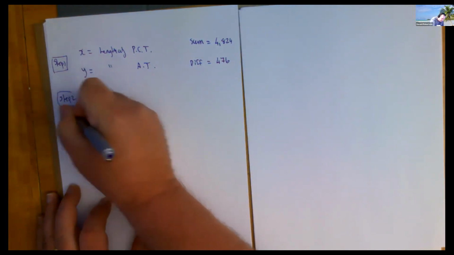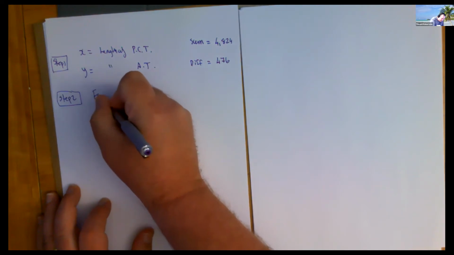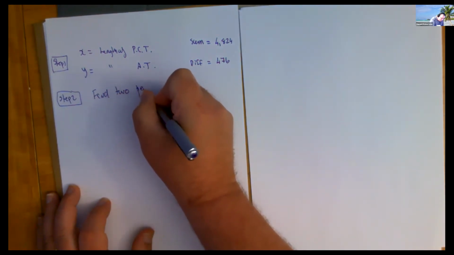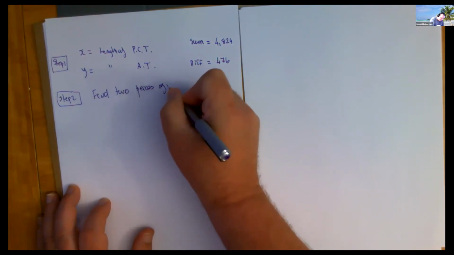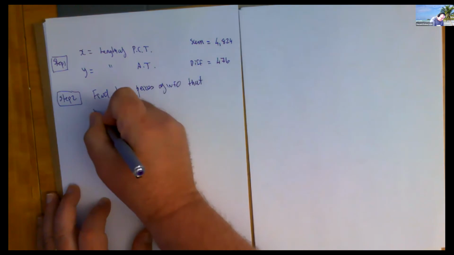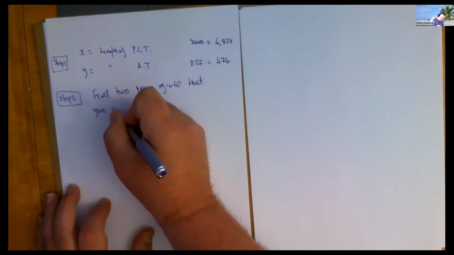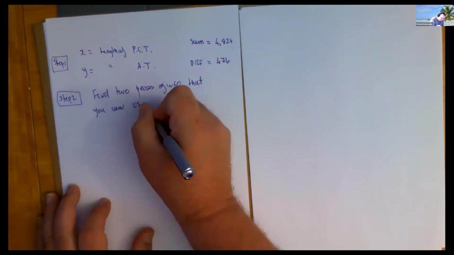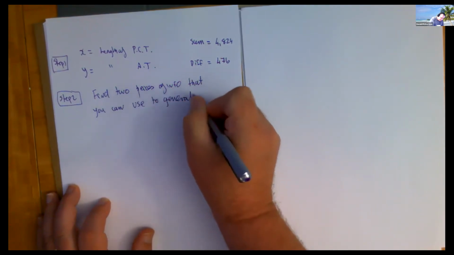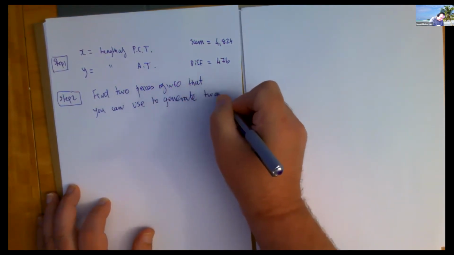So step two is find two pieces of information that you can use to generate two equations.